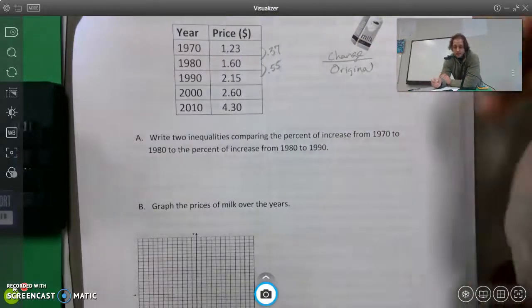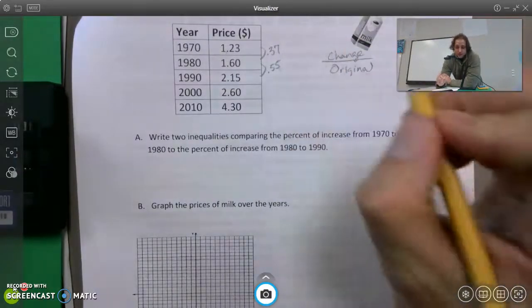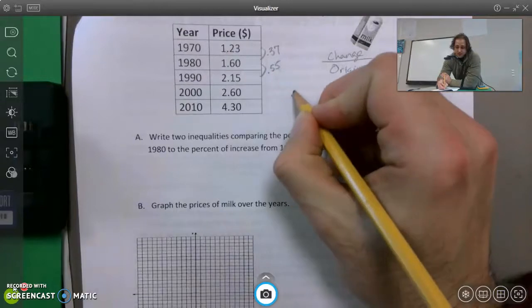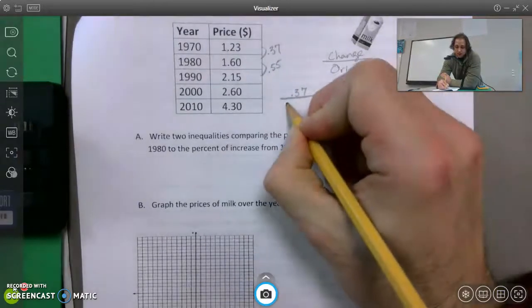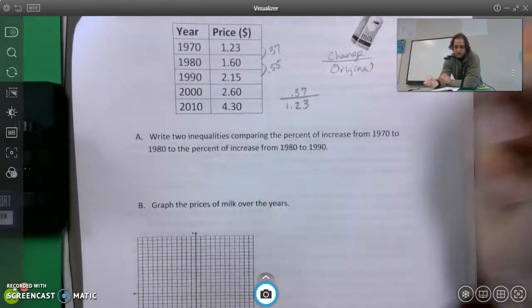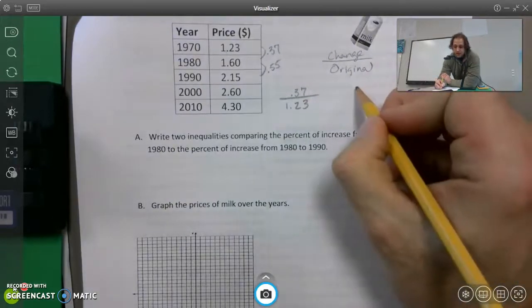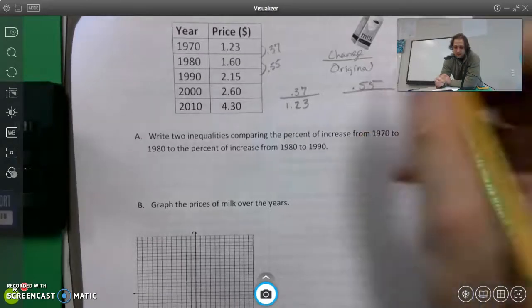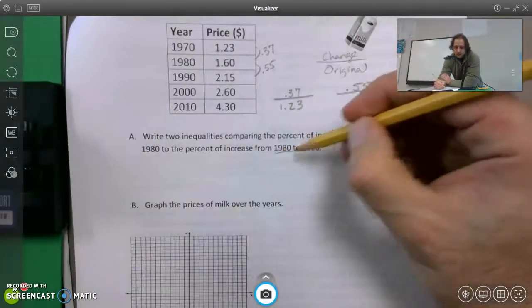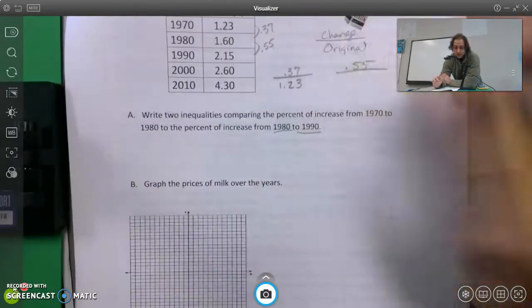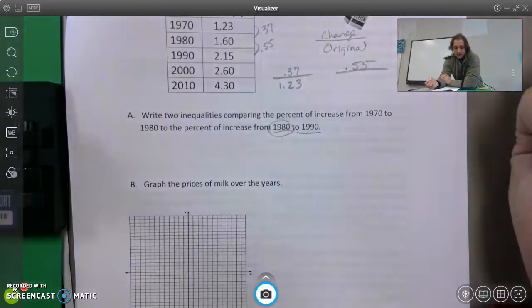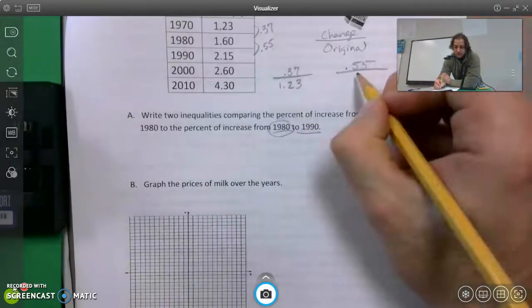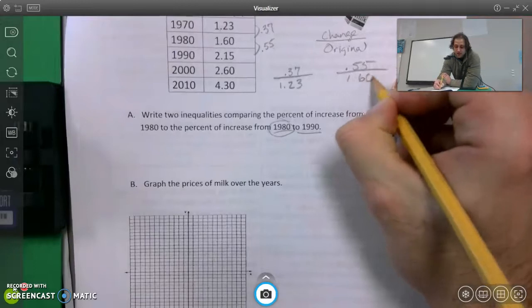Let's check and see. To find the percent of change, I would take 37 cents and put it over the original price, which was $1.23. And I would take 55 cents and put it over the original price, meaning we're looking at the change from 1980 to 1990, so the original price is the cost in 1980. So that would be $1.60.